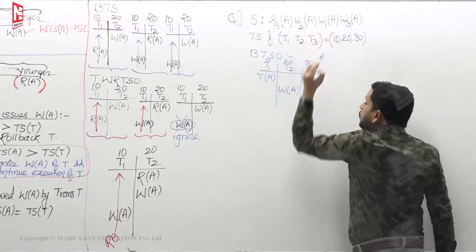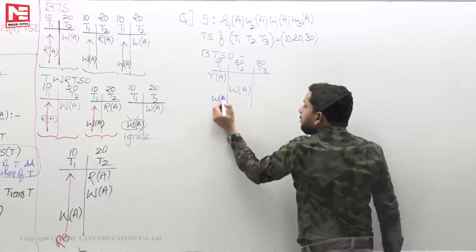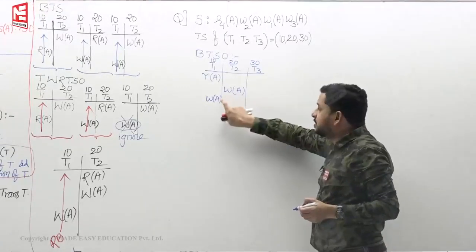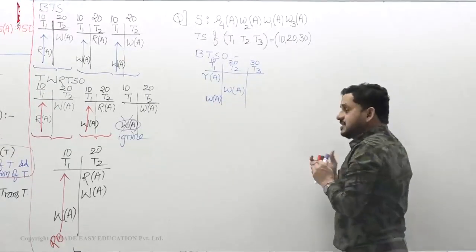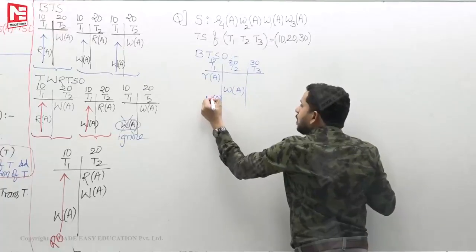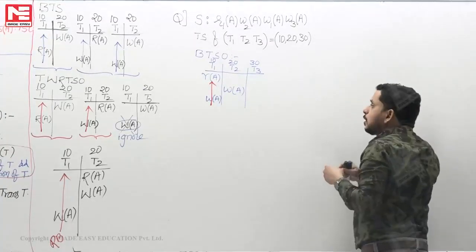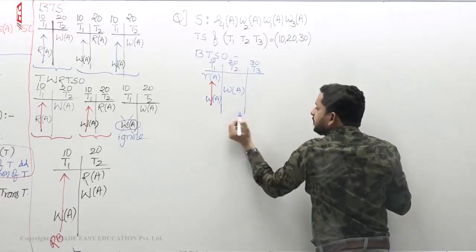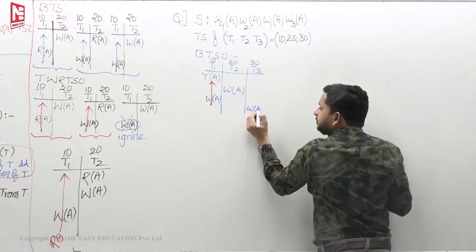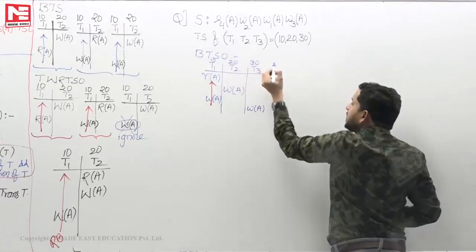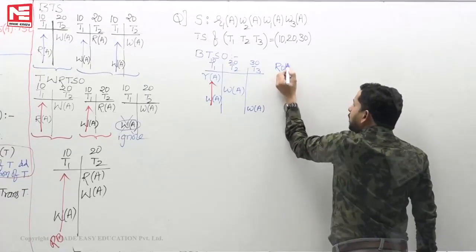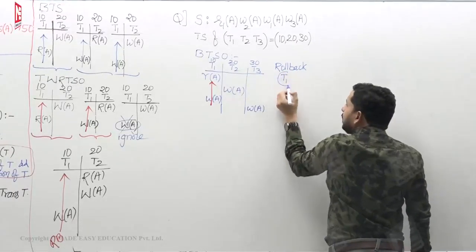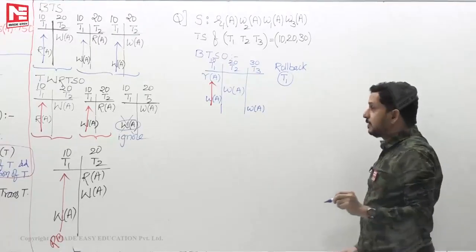After that T1 requests a write. In basic timestamp order, if a younger transaction has already done the write, then the older transaction's write request is not allowed. Then roll back T1. After that T3 write, no issue. So according to basic timestamp order, roll back transaction T1.